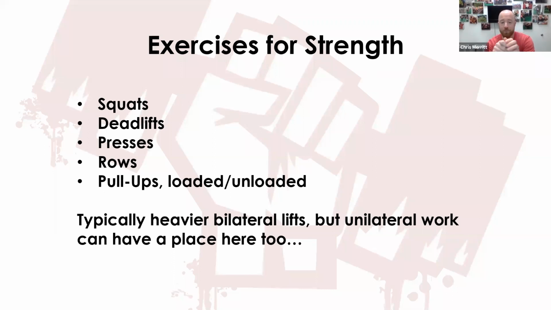So now bringing it back to what I was saying here, typically heavier bilateral lifts, but unilateral work can have a place here too. And same intern, another question that was in that email, he had said, why during your personal orientation session and in pretty much every single client that trains at your gym, do you start people off with, depending on where they're at on the spectrum, but most of our clients are going to start off with a goblet squat and a kettlebell deadlift.